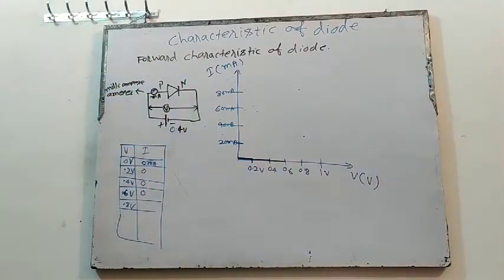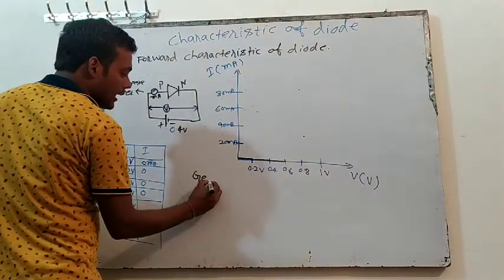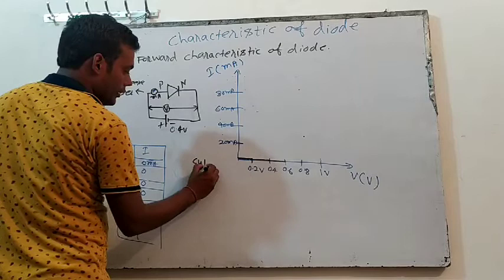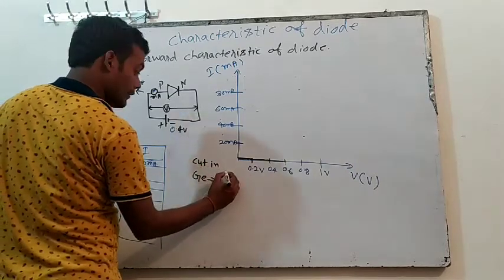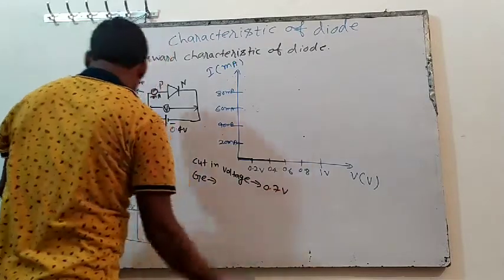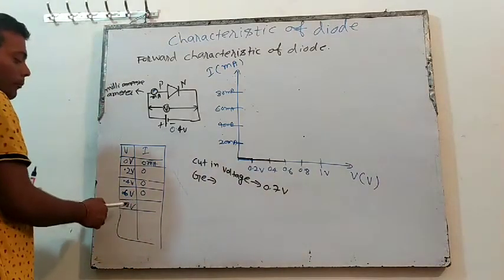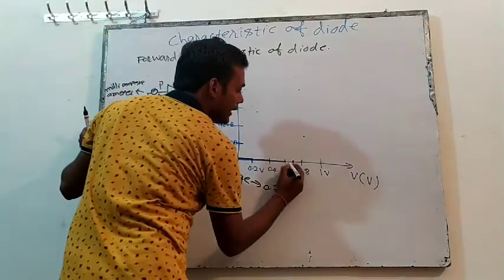If I do this experiment, for germanium, I think, yes, germanium, the cut-in voltage is 0.7 volt. 0.7 volt means at 0.7 volt the current will start.